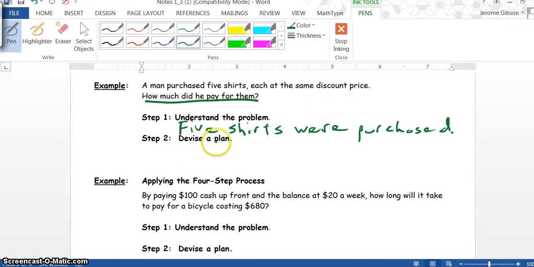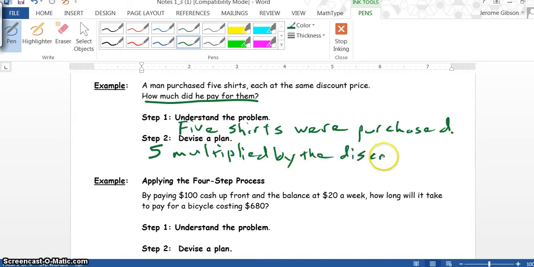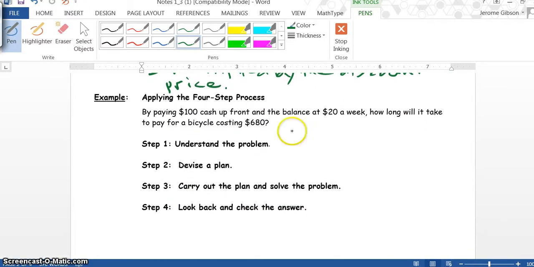So all we could say here when devising a plan is we would take 5 multiplied by the discount price. And this is as much as we could do with this problem. So we're done. Now we go to the second example.